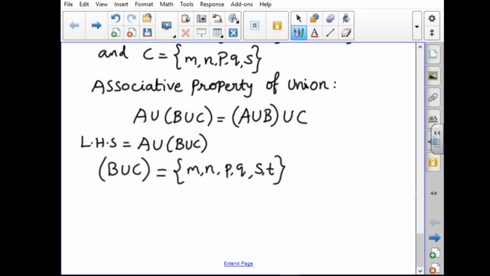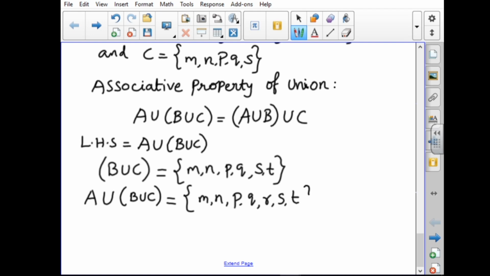This is the value of B union C. Then next you should find A union (B union C). You should join the B union C set with the A set. So that is equal to {M, N, P, Q, S, T}. This is equation number 1.